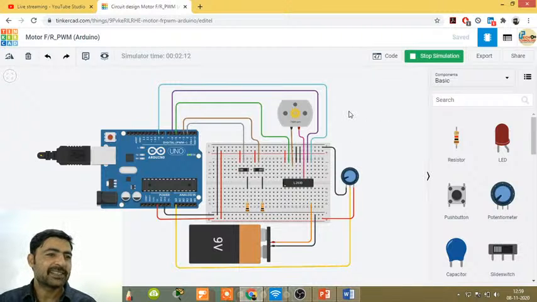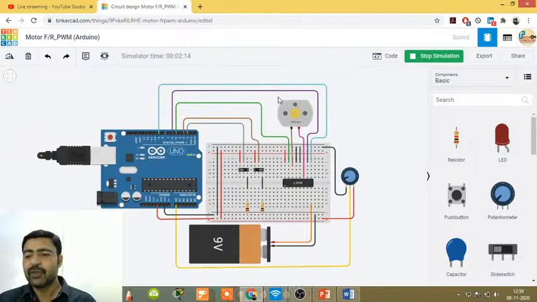We are using this potentiometer actually to give analog input. We need to give one variable value to the input. Why are we doing this? Whenever we need to run the motor or vary the speed of a motor, we need to give an analog signal.